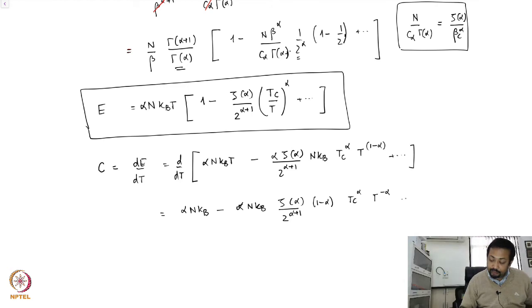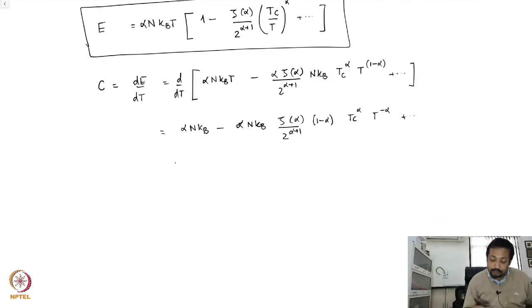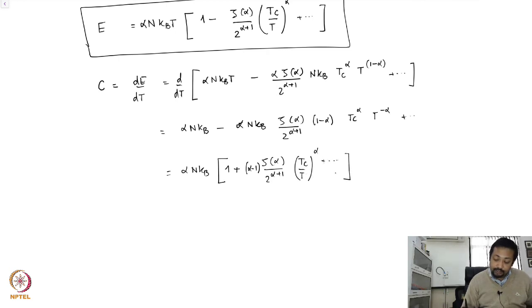so that I can take alpha NkB common, and this gives me 1 minus zeta alpha 2 to the power alpha plus 1. I have 1 minus alpha, that I am going to write as alpha minus 1 and make this one a plus, and I have Tc over T raised to the power alpha plus higher order terms.